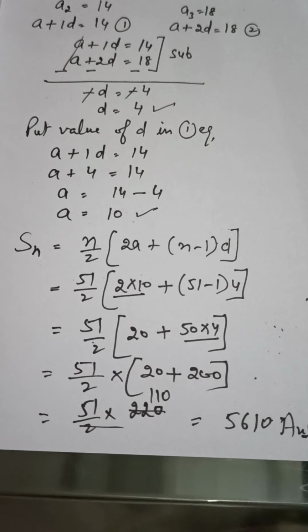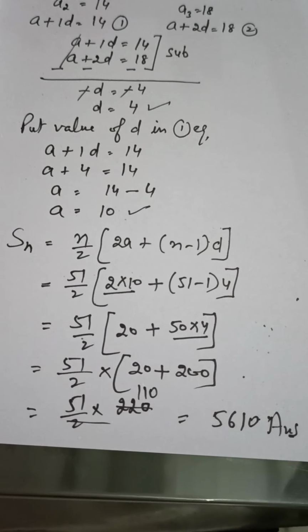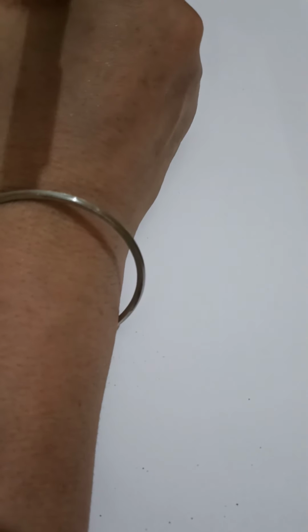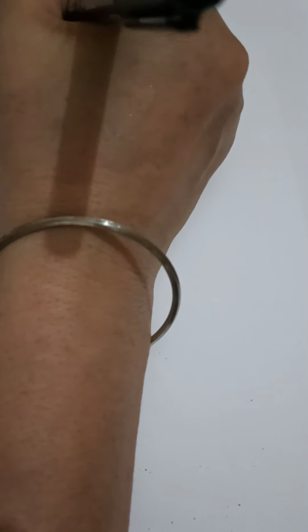Now next sum, number 9. Sum number 9 is: if the sum of the first 7 terms of an AP is 49, that means S7 is given to us.